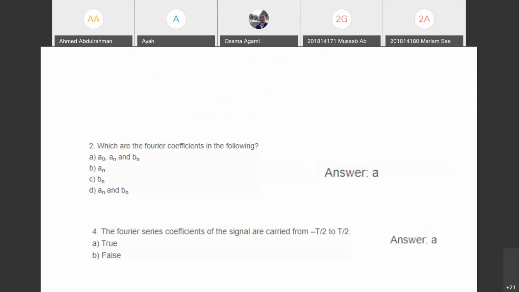Let's go for this one. Which of the Fourier series have the following series? In the real one, you have A0 and An and Bn. The Fourier series coefficients of a signal are calculated from minus half of the period to half of the period. Yes, it is true.